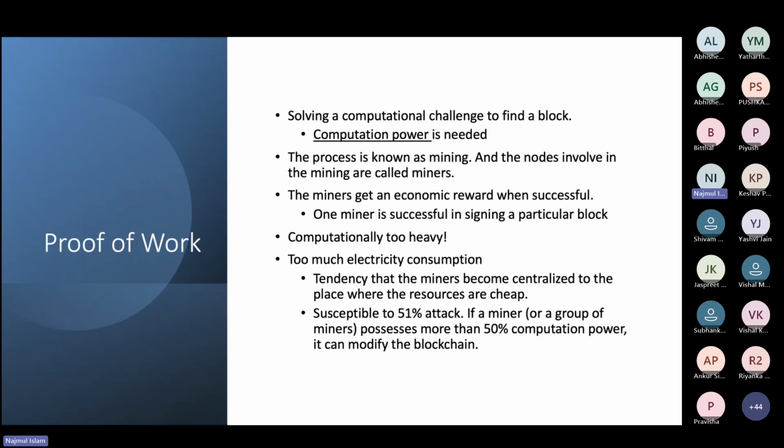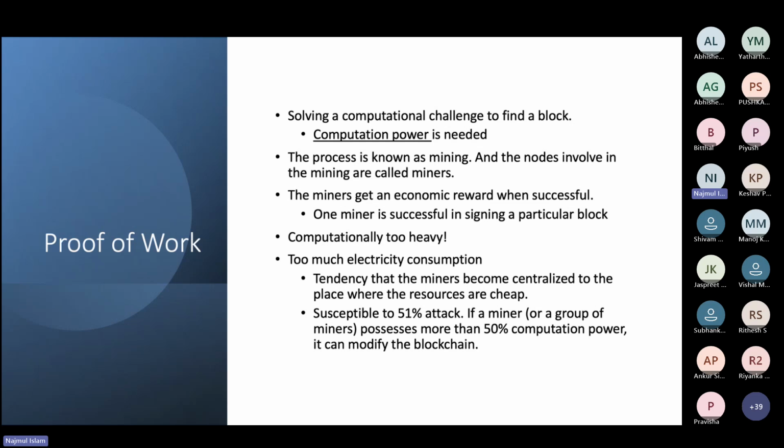The miners would like to see that they are making some profit. So if the electricity price is low in some country, then most people will be mining there.